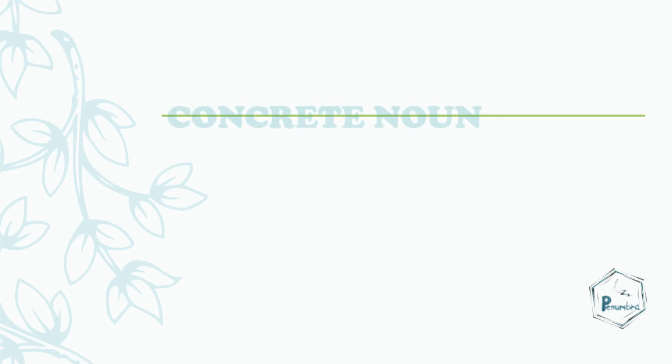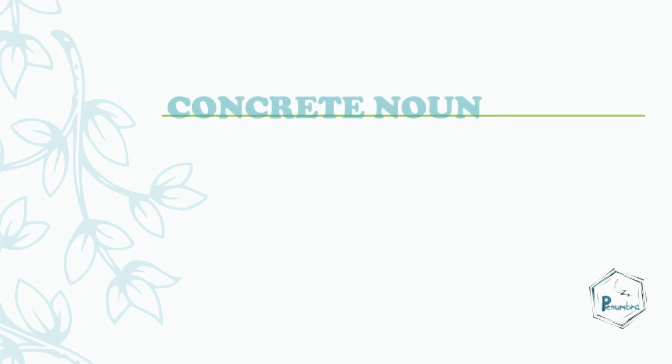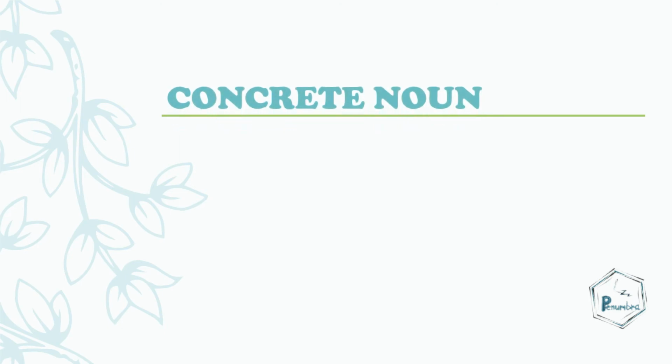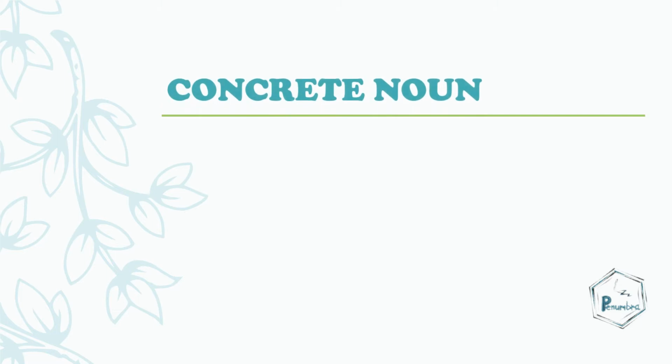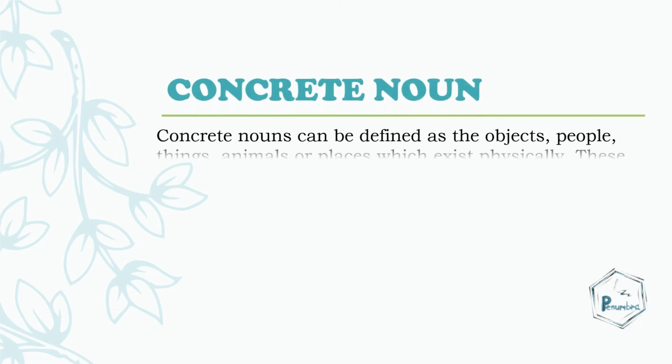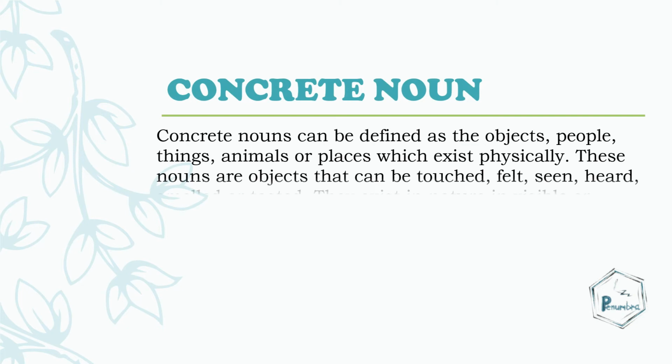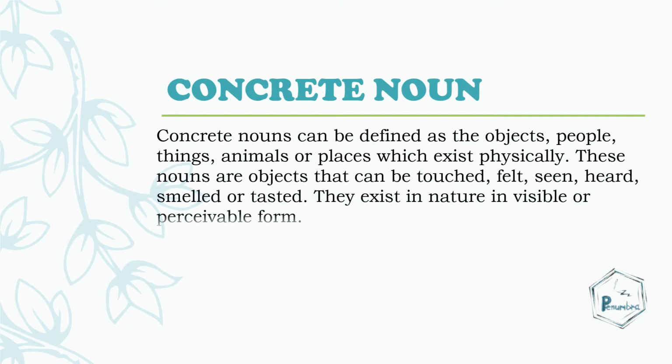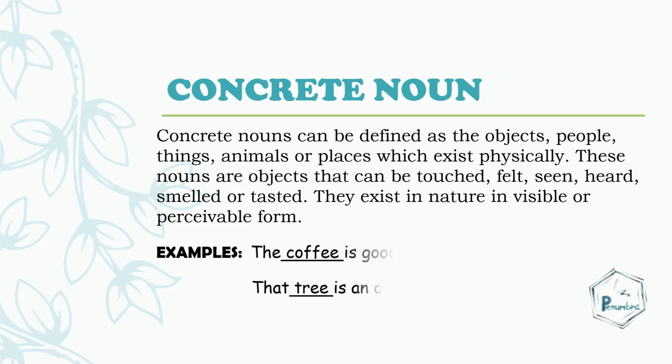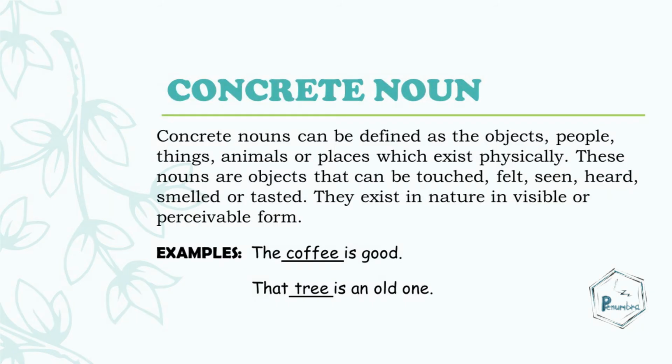Moving on, concrete nouns. Now concrete nouns, the definition is already visible on your screen, but let us understand what concrete nouns are actually about. These nouns are anything which can be felt with any of our five sense organs. Anything which you can see, feel, touch, hear, smell can be called concrete nouns.